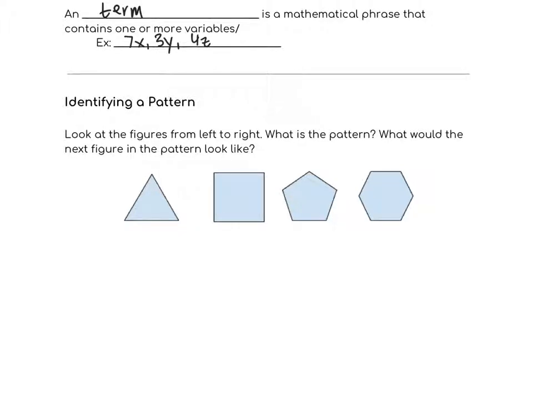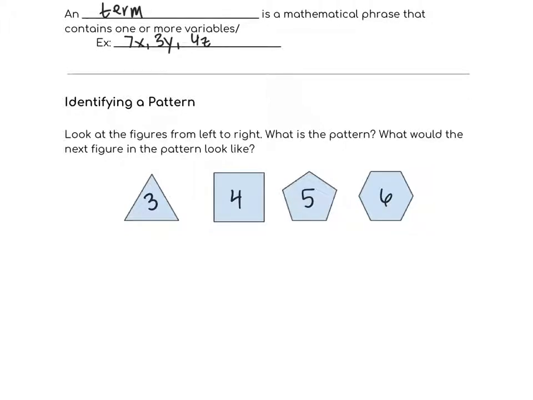So when I look at identifying a pattern, I'm just looking to see what's happening. Sometimes they're number patterns, sometimes they're shapes, all the different kinds of stuff. If I look at this, I notice I'm talking about different shapes. If I look here, I have a 3-sided shape, a 4-sided shape. Looking here, I have 5, and then 6.